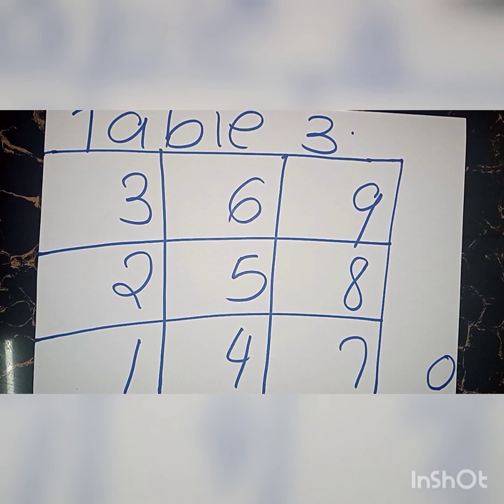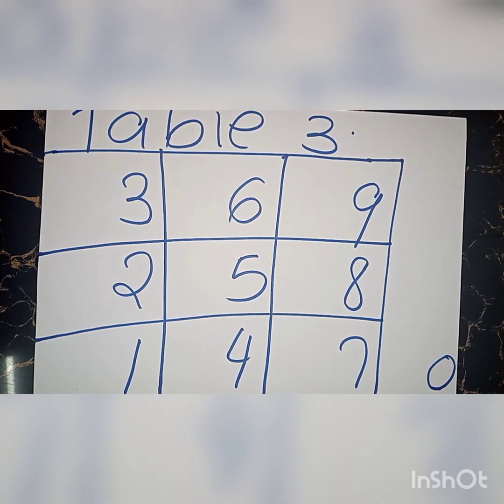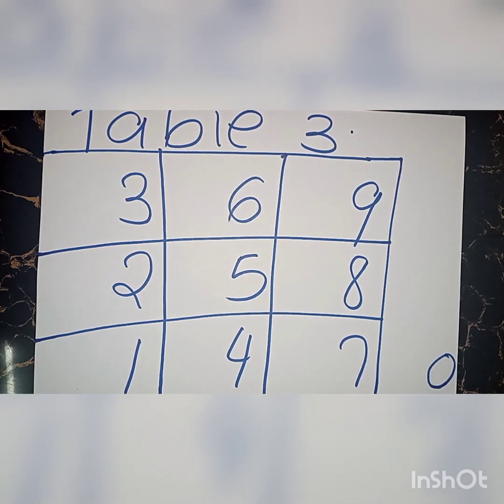The only difference here is that we don't have exceptions in every row. The only exception we have is in the last row, which is really not an exception because the only difference is with the number that's outside the table.